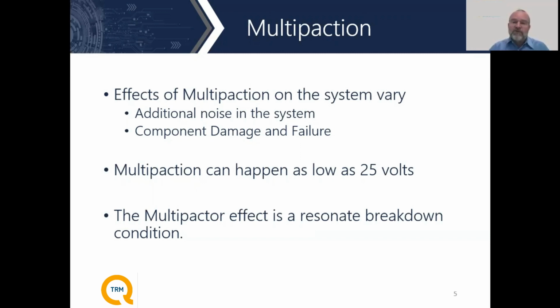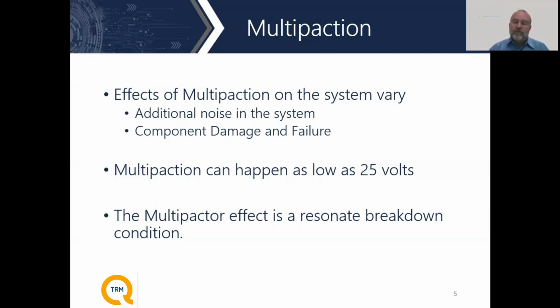What effect does that have on the system? If it is a low voltage breakdown, if you think about the electron jumping back and forth between these two plates, if you think about what thermal noise is to an electrical system, the KTB type noise, which is basically just noise that happens because electrons are moving on a plate. This sort of active movement of electrons between two plates significantly increases that thermal noise.